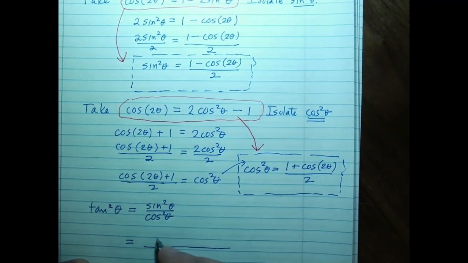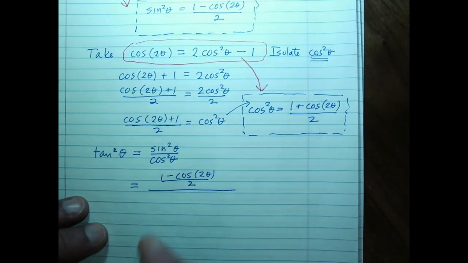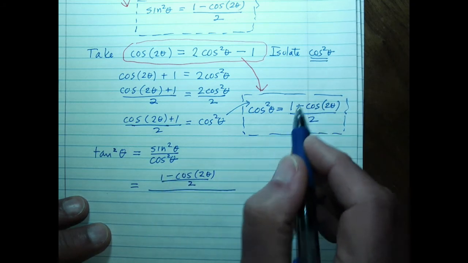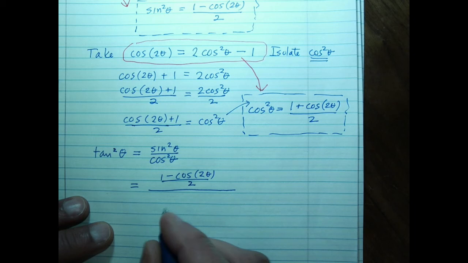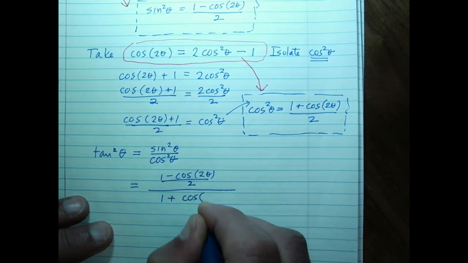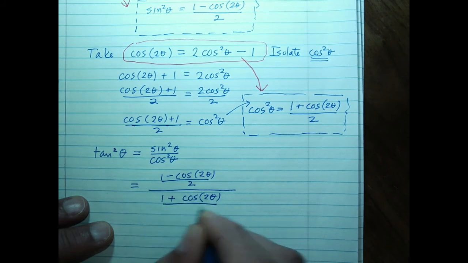That's sine squared, so 1 minus cosine 2 theta over 2. And I'm going to divide by cosine squared. I'm going to use the right-hand side of my other dotted line box: 1 plus cosine 2 theta over 2.